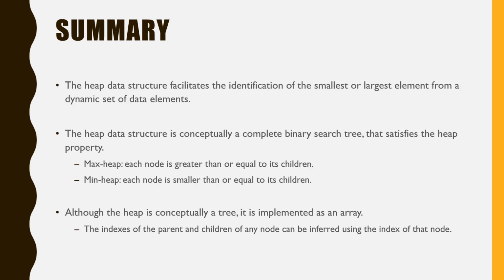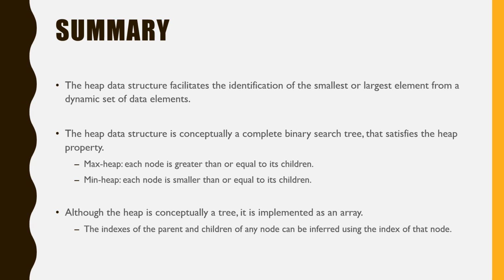In summary, we introduced the heap data structure, which enables efficient identification of the best data element in a dynamic set. Conceptually, the heap is a complete binary tree that satisfies the heap property. While it is conceived as a tree, it is typically implemented using an array, offering more efficient data access and space utilization.